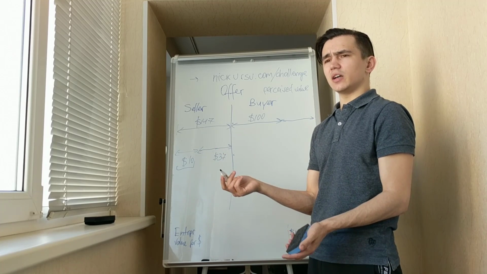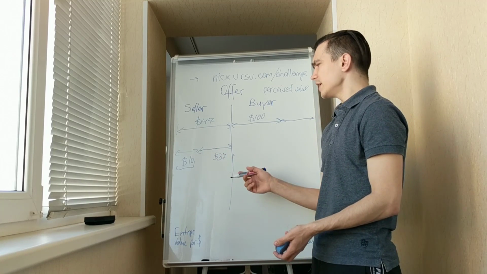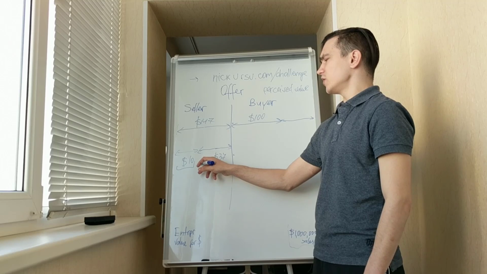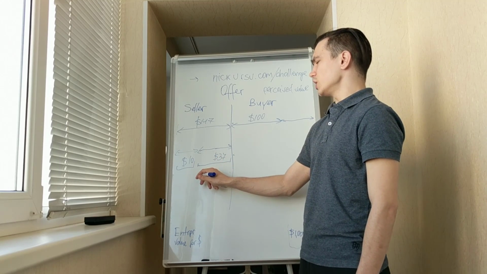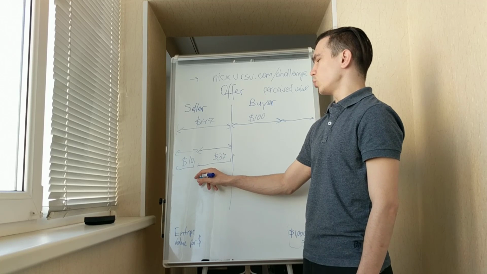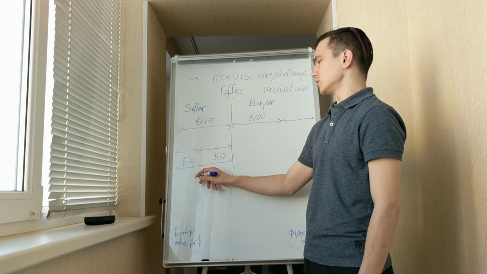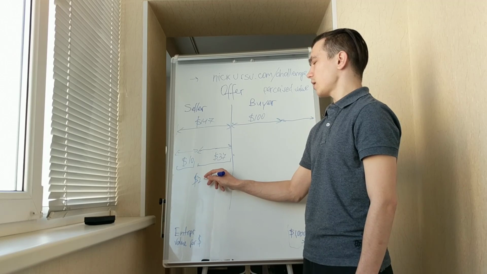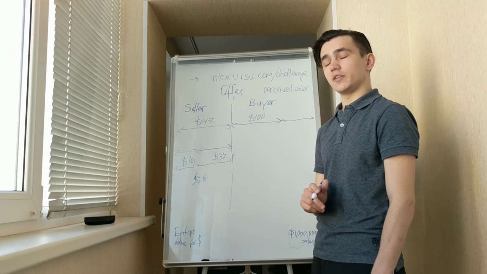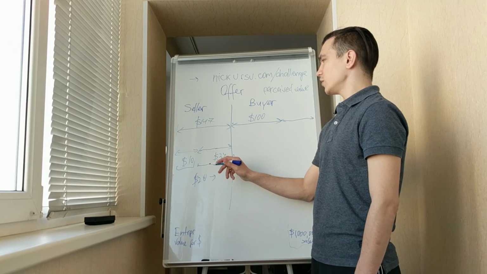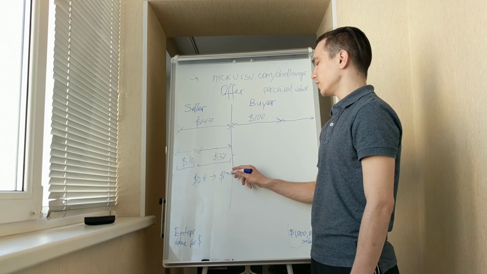You cannot add value to that product, and you're gonna get a $37 margin, but this is not profit, it's margin. And from this margin, you're gonna spend maybe $20 to make one sale. So you're gonna spend $20, and $37 minus $20 is $17 profit. So for every pair, you're gonna get $17 profit.